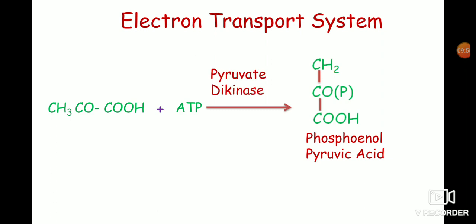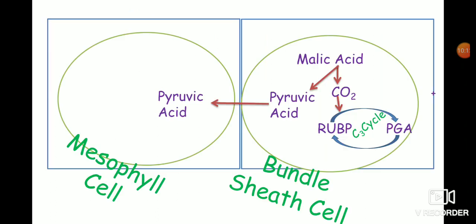This reaction takes place in the presence of the enzyme pyruvate phosphate dikinase. So in C4 plants, additional ATP is required for conversion of pyruvic acid to phosphoenol pyruvic acid.